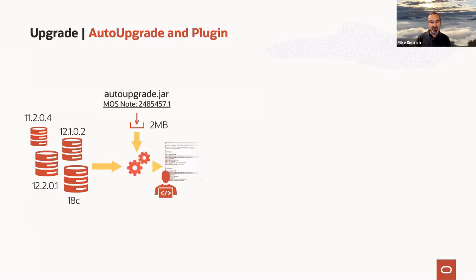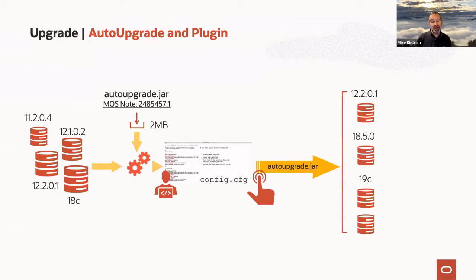Then you create, and this is your task right now, one config file, and this config file can cover all your databases if it needs to. So you just differ between what has to be done for database A, B, and C. When you never touched it, when we sit down in 5 minutes, you do your first upgrade completely unattended because you push the button and AutoUpgrade upgrades.